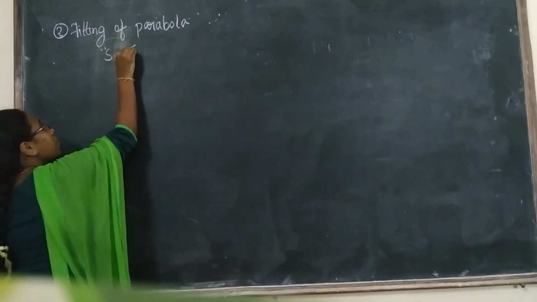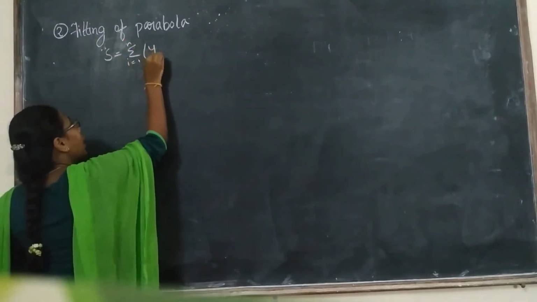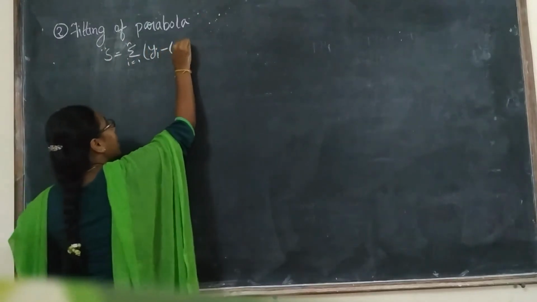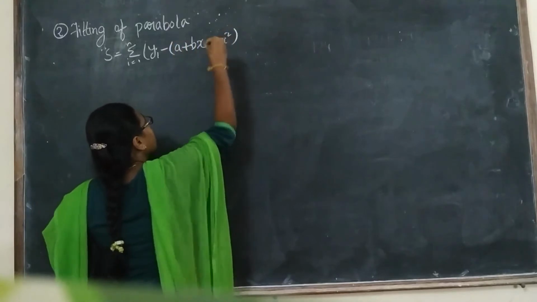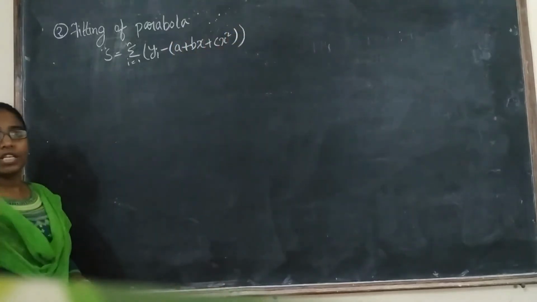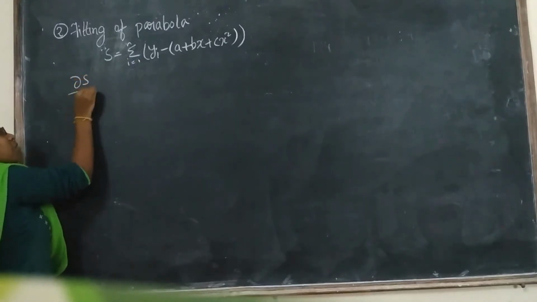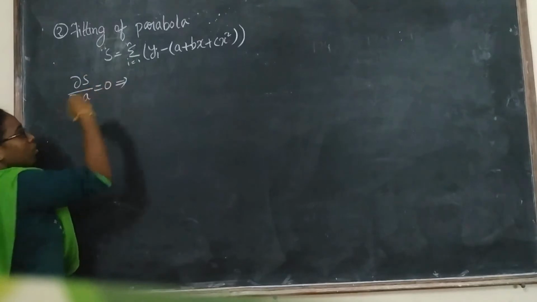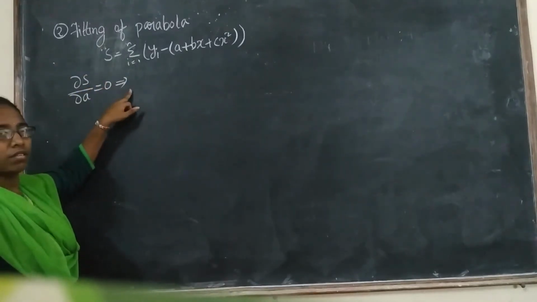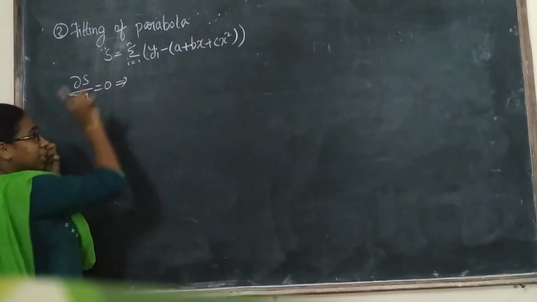Now we will start the partial differentiation. S equals summation i equals 1 to n yi minus a plus bx plus cx square. So this is our S value. First we will differentiate dou S by dou a equals 0, which implies, differentiate this equation.